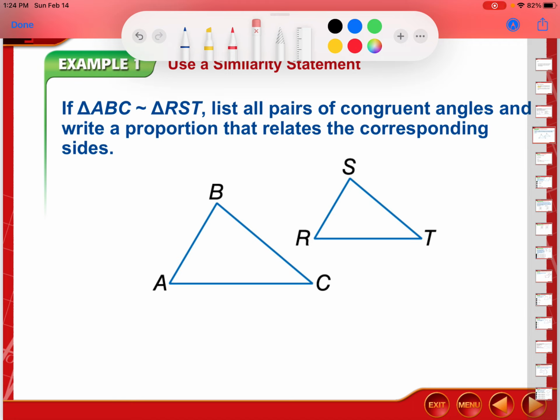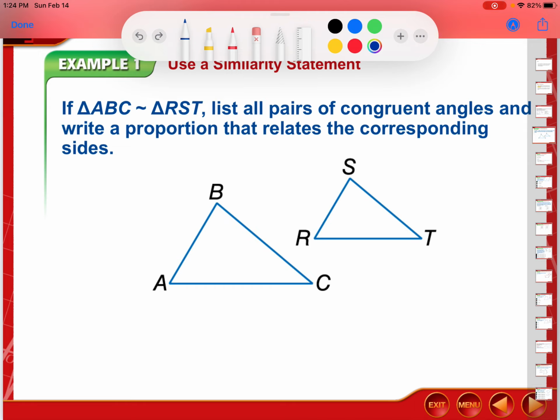So, a couple things to highlight here. One, this symbol right here up on the top means similar. You'll see that a lot in the upcoming lessons. So, important to know that that means similar.